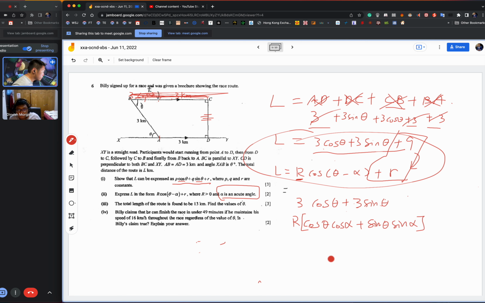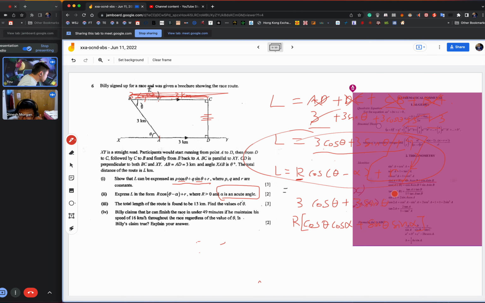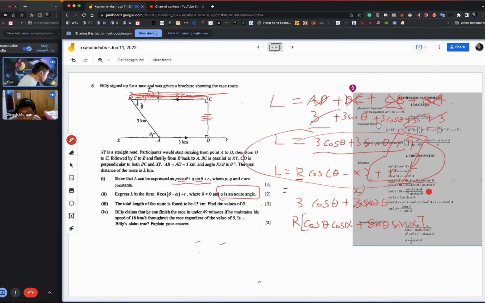Can you get the formula? I just want to double check to make sure I'm not wrong. Okay, cosine plus is minus. Cosine minus is plus. Okay, good. Thanks. You can get rid of this.